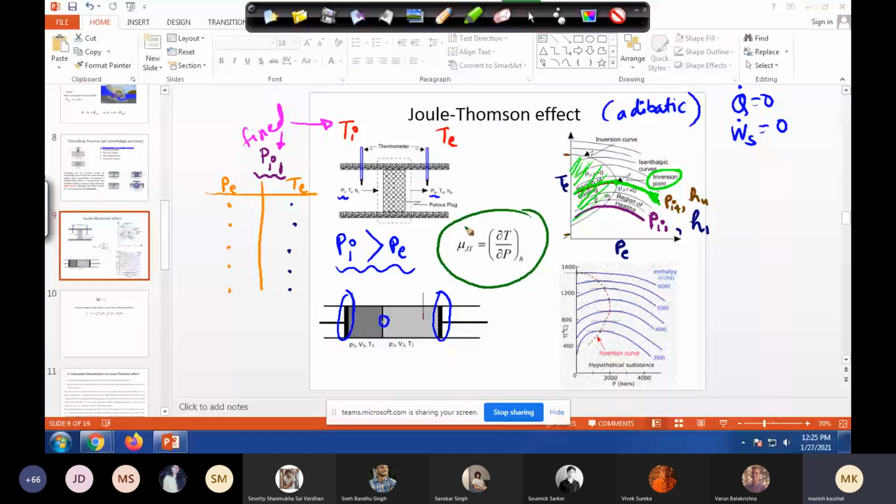This is called the Joule-Thomson coefficient, which is nothing but (dT/dP) at constant H. So for a given H, meaning for any isenthalpic curve, we can define a coefficient called the Joule-Thomson coefficient, which is nothing but the slope of this curve. So can anyone comment: in the cooling region, is mu_JT greater than 0 or less than 0? Greater than 0, right? Because as P increases, T also increases. So mu_JT is greater than 0 for the cooling region.